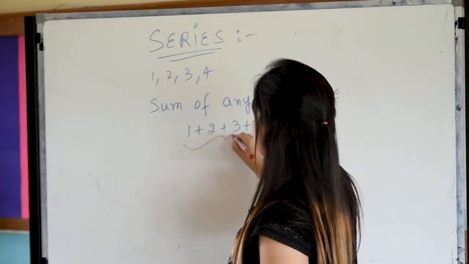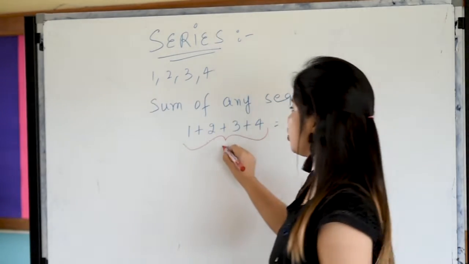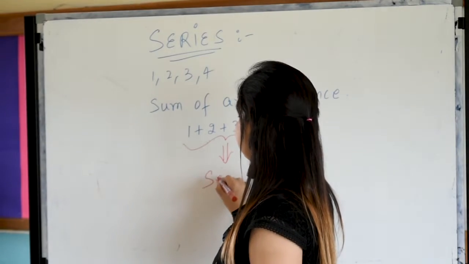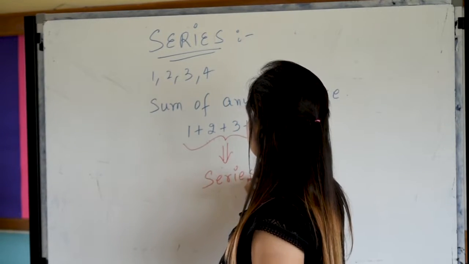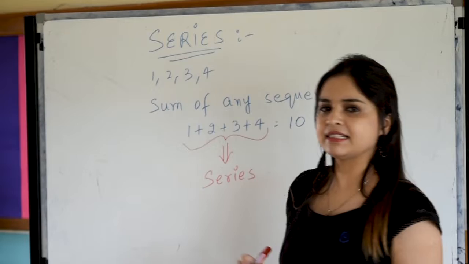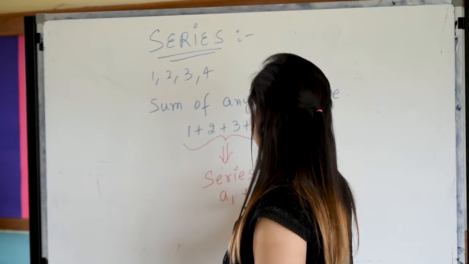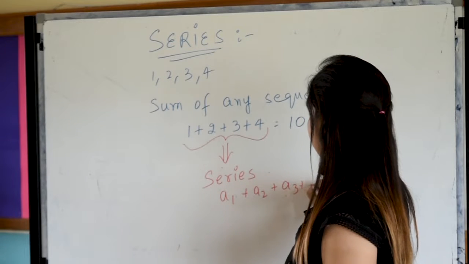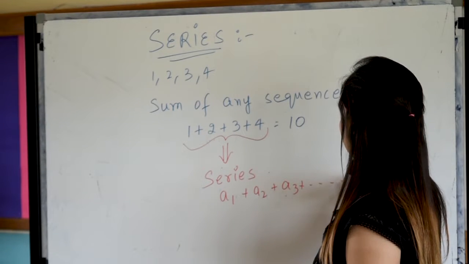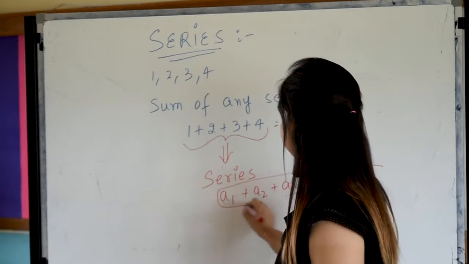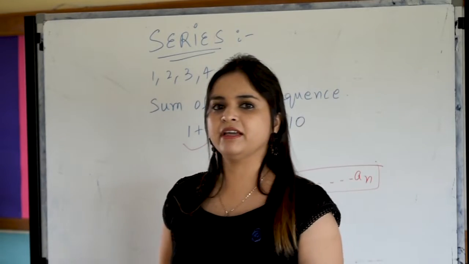Now, this sum of sequence is called a series. Okay, so what is a series? Series is A1 plus A2 plus A3 up to AN.